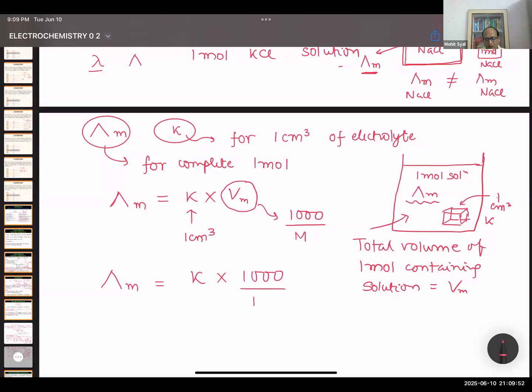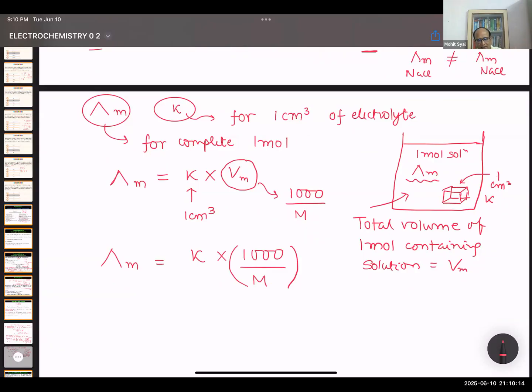Jasleen, is it clear how the formula is derived? Yes, sir. For 1 cubic centimeter into total volume. For 1 cubic centimeter, the conductance is kappa. Total conductance of 1 mole, you should multiply that 1 cubic centimeter conductance with the total volume. Total volume is 1000 by molarity if you measure it in centimeter cube.